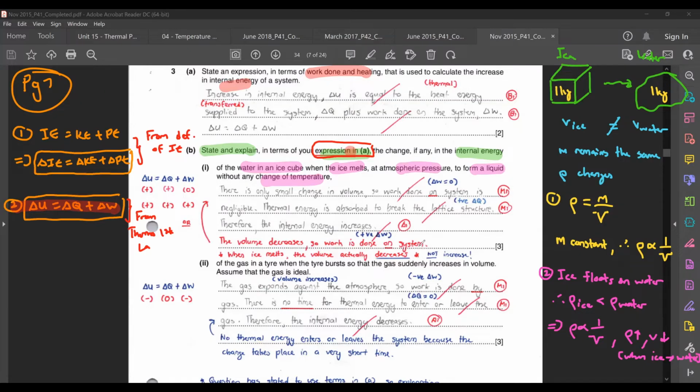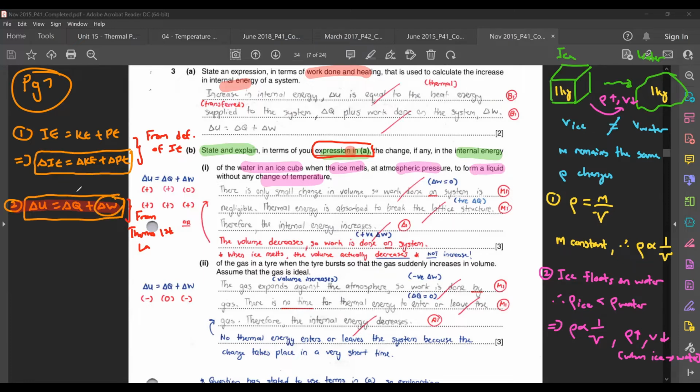When ice changes to water, the density will increase. All right. So when density increases, volume decreases, no? Okay. So you just bear this in mind first, because we need to use this to explain the work done.